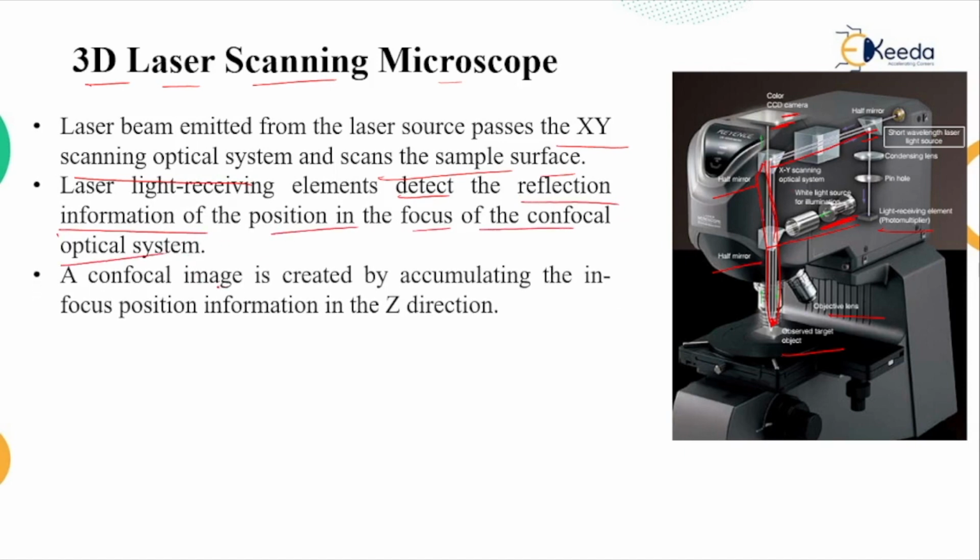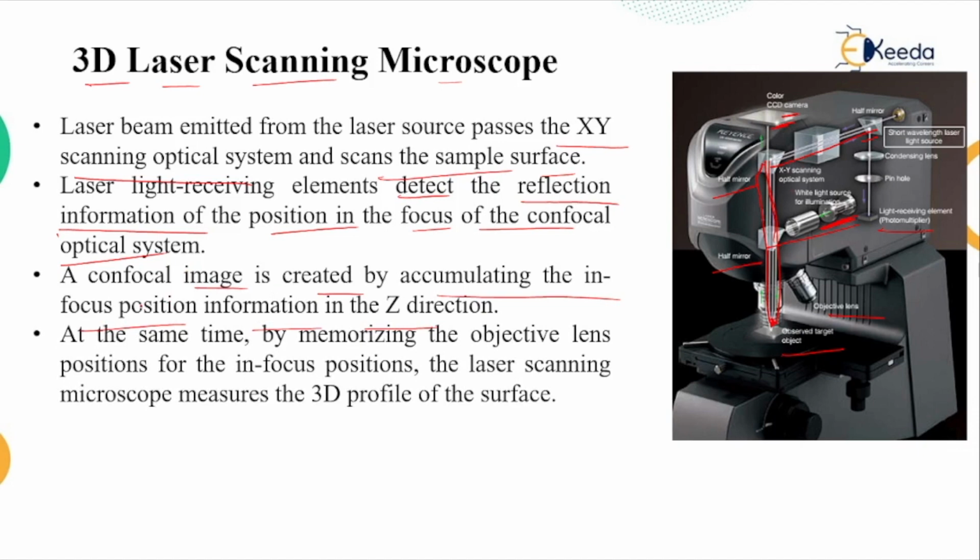A confocal image is created by accumulating the in-focus position information in the Z direction. At the same time, by memorizing the objective lens position for the in-focus position, the laser scanning microscope measures the 3D profile of the surface. So it is a combination of optical and mechanical, where mainly 90% of the part is optical.